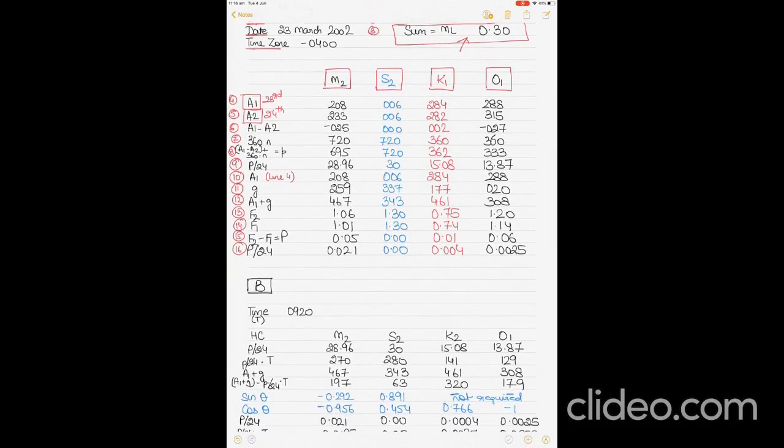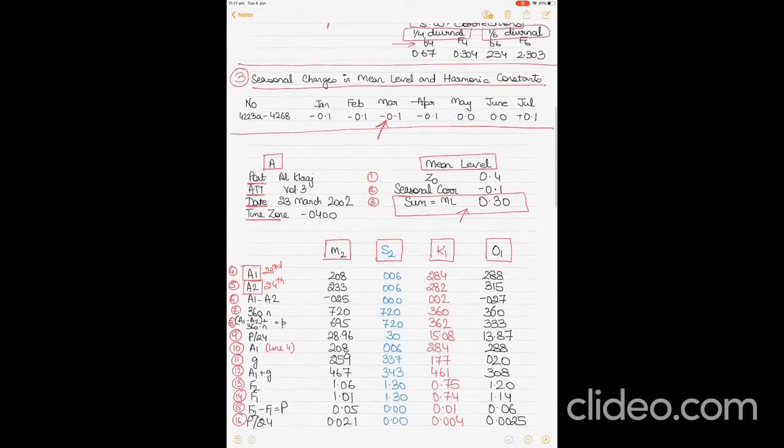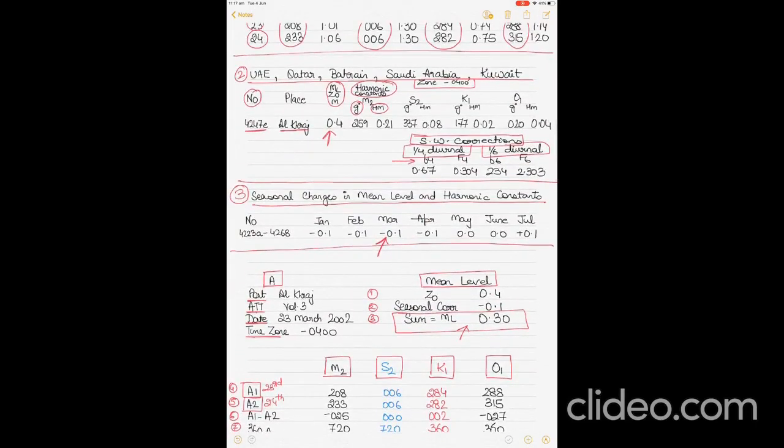Line number 10 is A1, basically a repeat of line number 4. So you get the A1 values from line number 4 and put those values here again. Then line number 11 is G. Where do you get the G values from? If you go back up to the extract values, you can see the G and the harmonic values for each of the harmonic constants are given here.